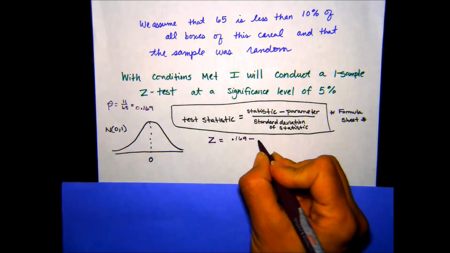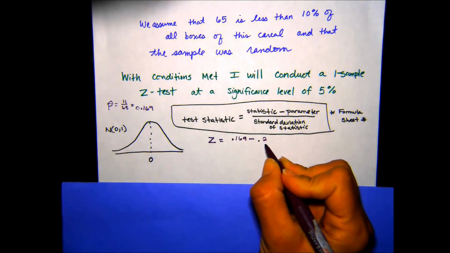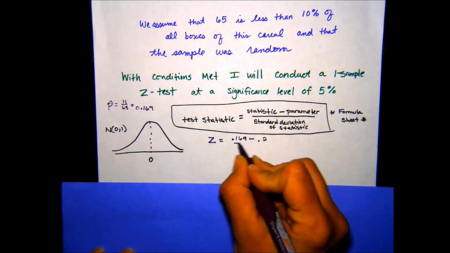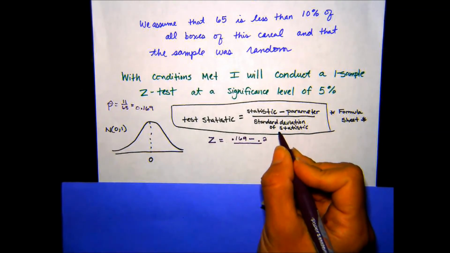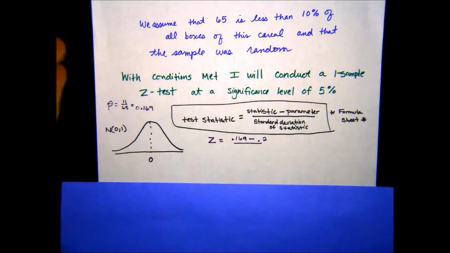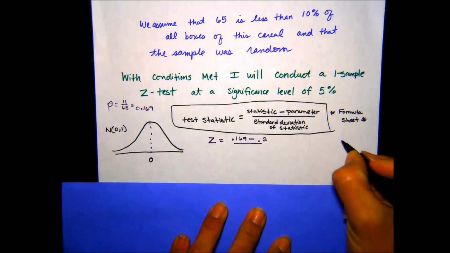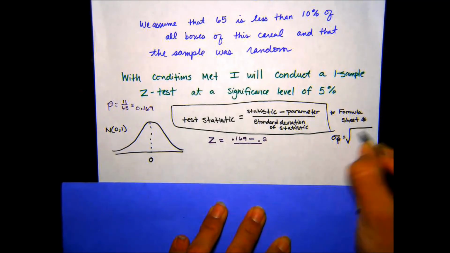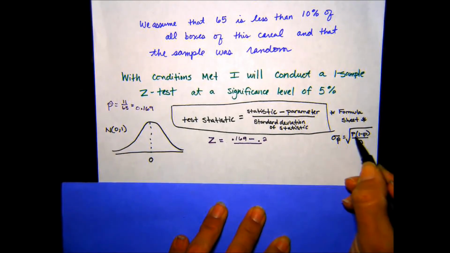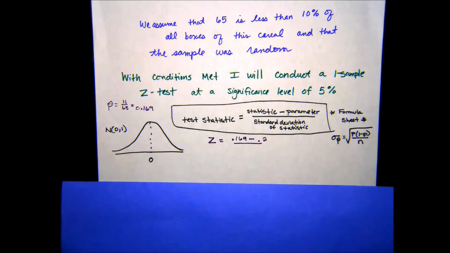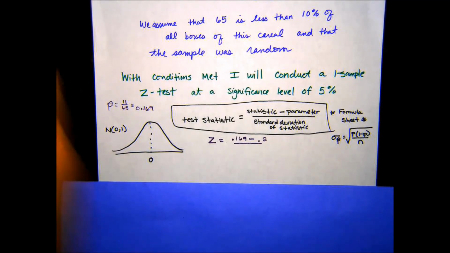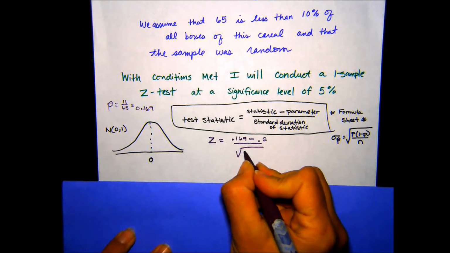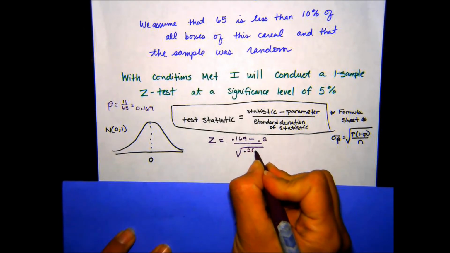Then I have to divide by the standard deviation of the statistic. This is also on your formula sheet. If you go to proportions, a one sample proportion, it gives you the formula for sigma of p-hat. It's the square root of p times 1 minus p, all divided by n. We have a claim that p is 20%. If you have p, use p. So in my standard deviation formula, I'm going to have 0.2 times 1 minus 0.2, which is 0.8, all divided by our sample size of 65.